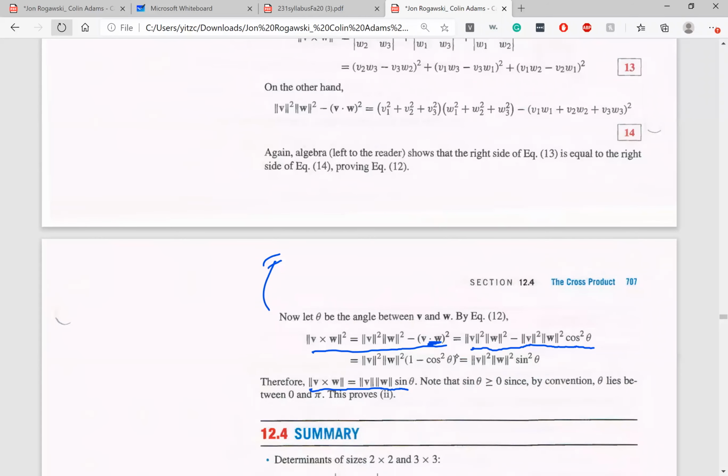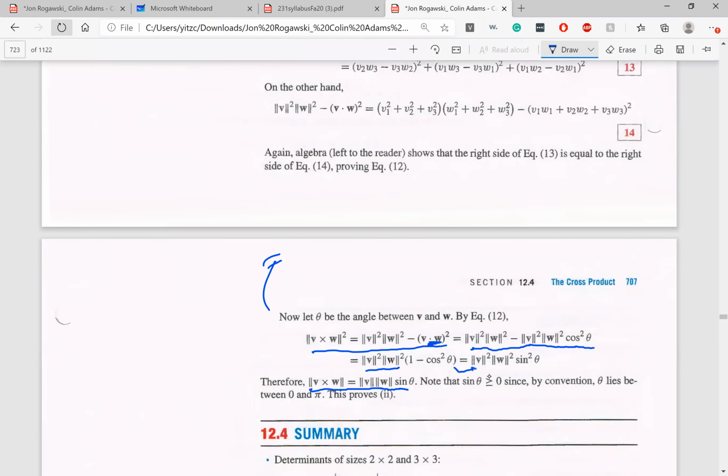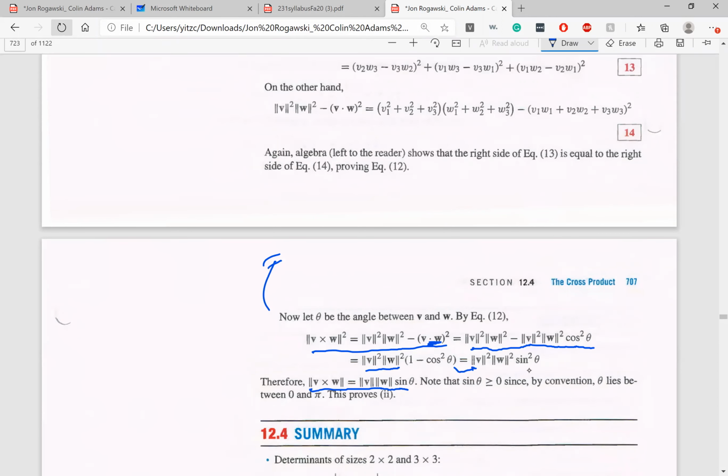And then from here to here, that's just taking out this part, the magnitude of v squared times the magnitude of w squared, from both of these. Then from here to here, it's just the main trigonometric identity for sine and cosine. And then we get this in the end, so this is equal to this, and that's how we get this formula.